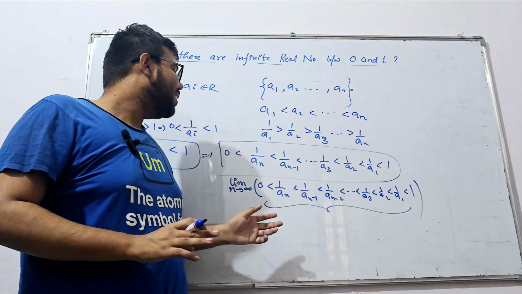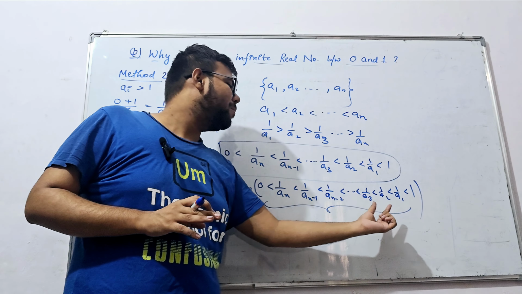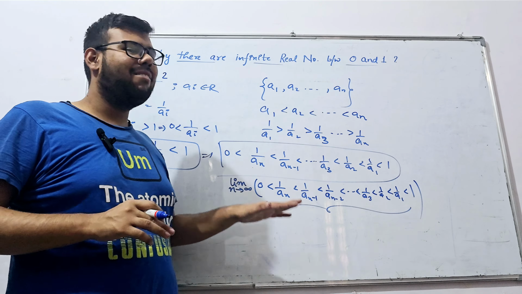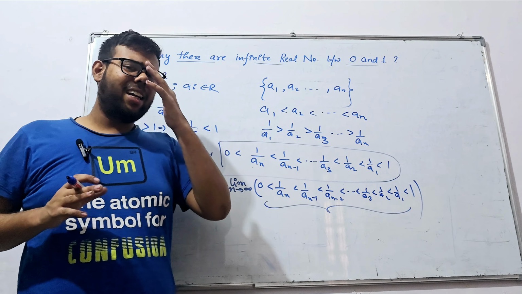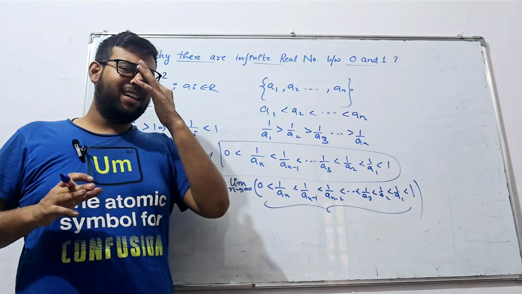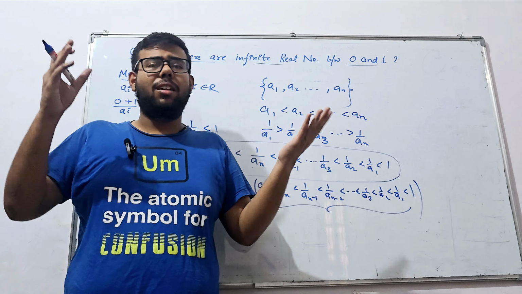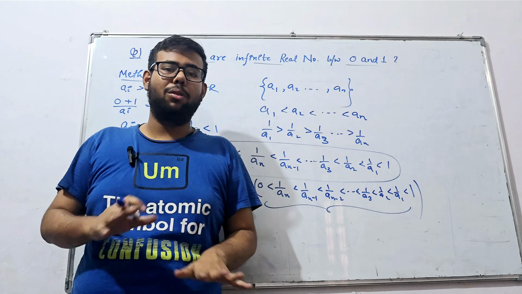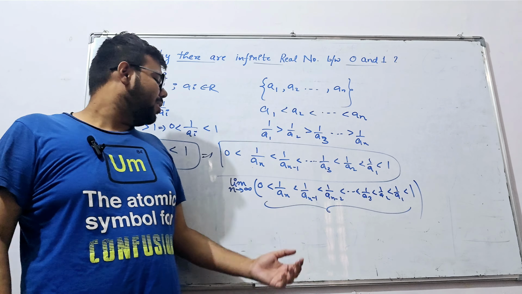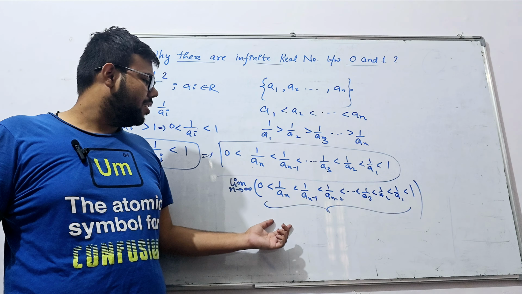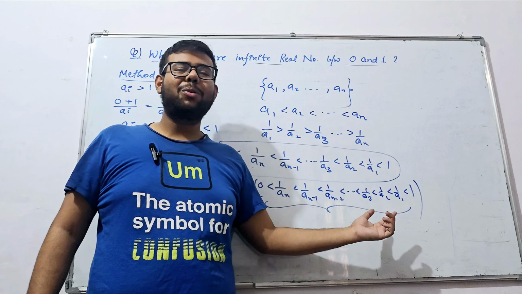So it means that you have just now proved that between 0 and 1 there are an infinite number of real values, right? And it is again our limitation. We don't know what infinity is. It is not a number, it is a concept to tell our limits, or sometimes we treat it as a very big number which we don't know what it actually is. So in that sense, this makes lots of sense.